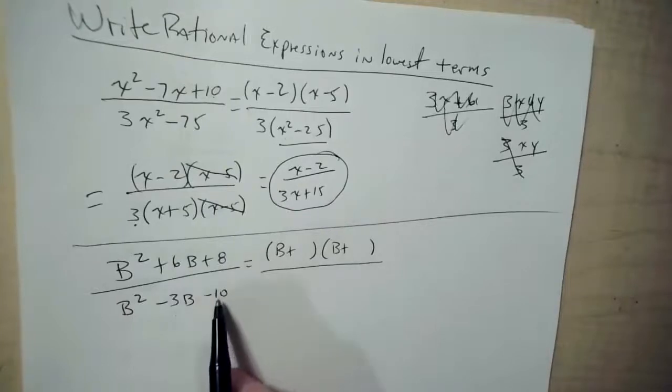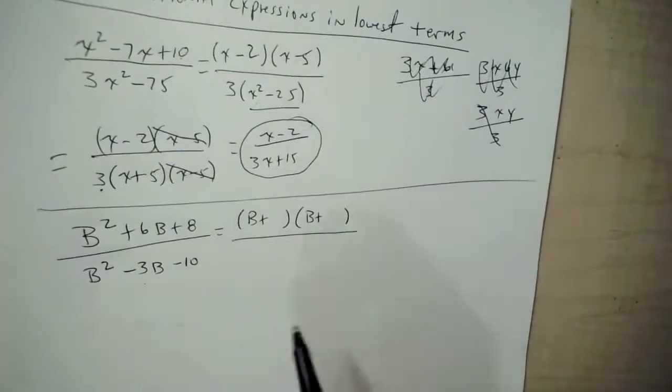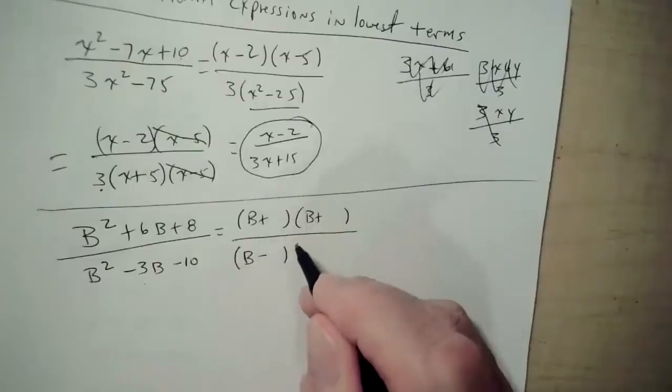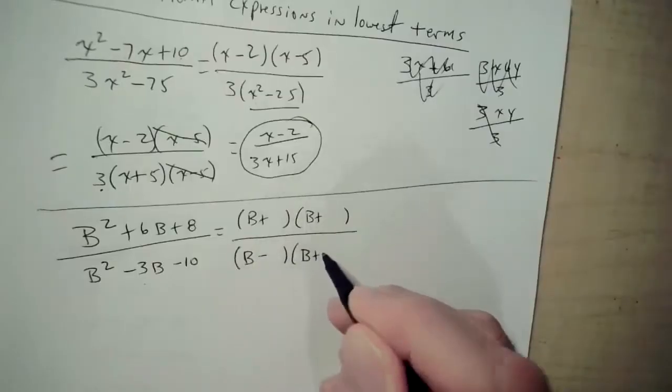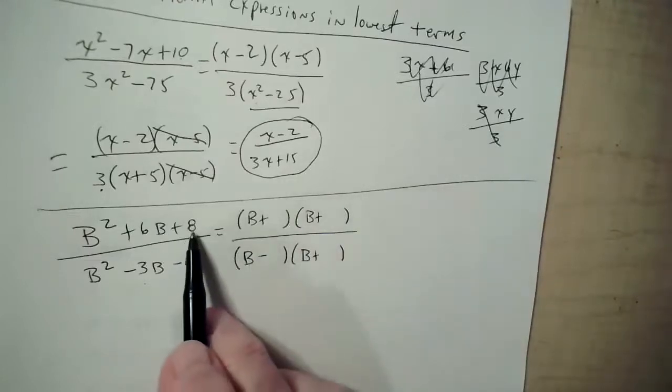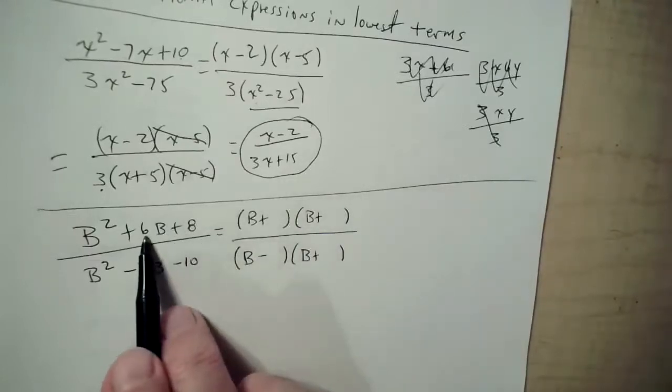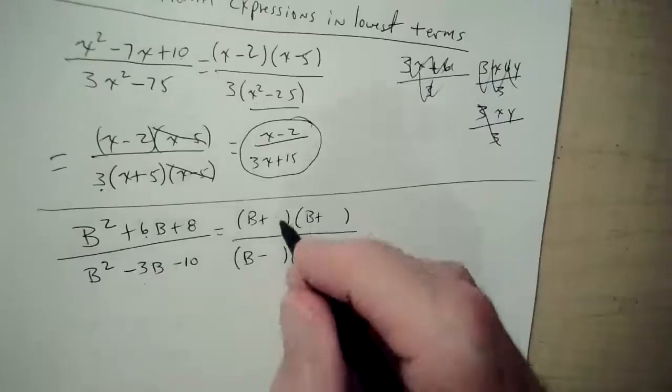Now the linear term and the constant are both negative, so it's going to be b minus something and b plus something. Now what are the factors of 8 that add up to 6? 4 and 2? Yeah.